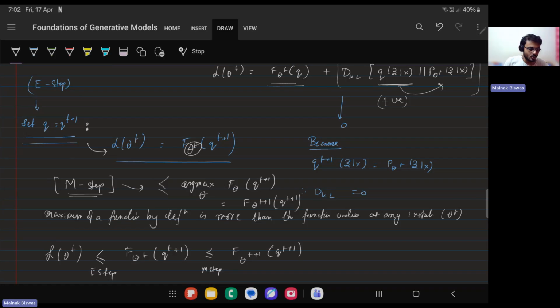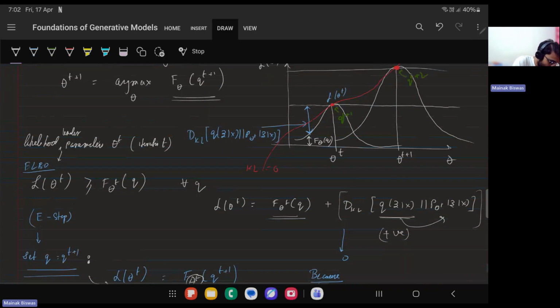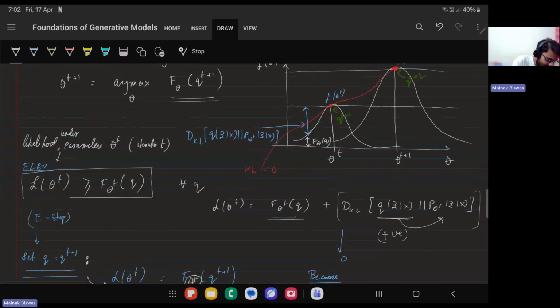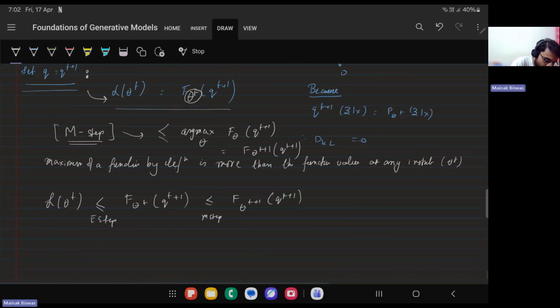So now as soon as you do this, remember we showed using the ELBO that the likelihood is always going to be more than the ELBO. So this is less than or equal to L theta t plus 1. This is from the ELBO. Therefore, we can say that the likelihood at time t is going to be less than or equal to the likelihood at time t plus 1, and so on.